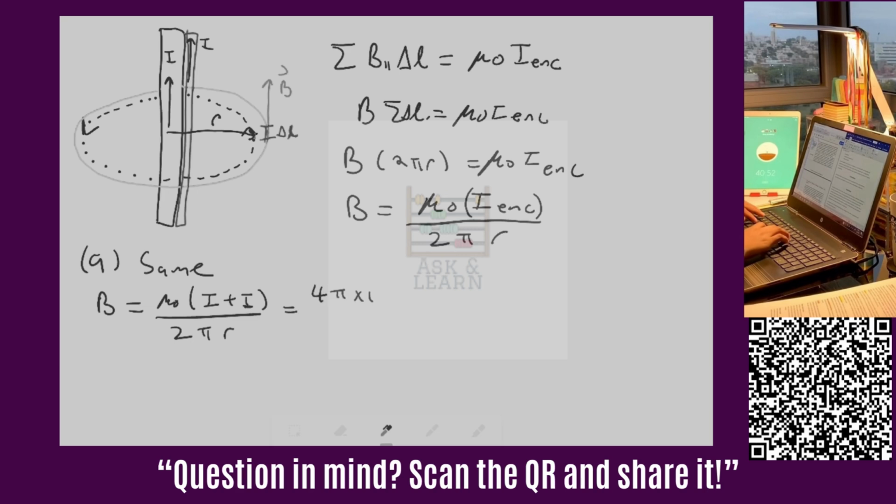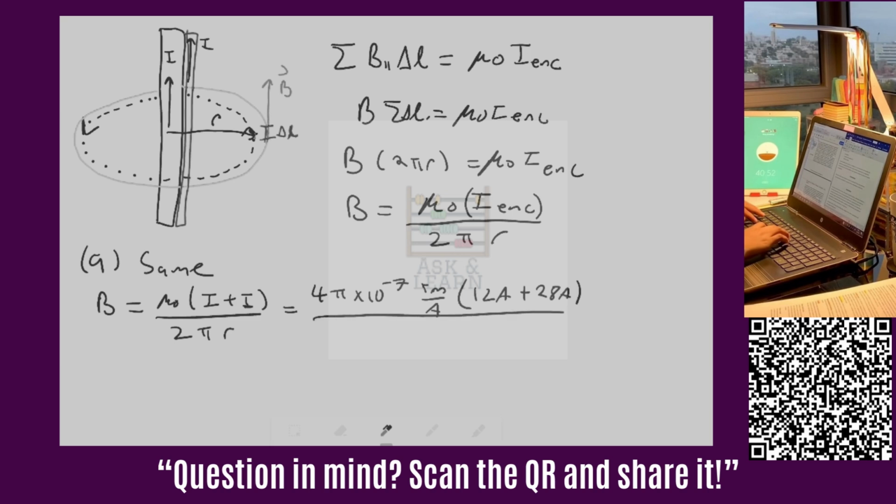So mu naught is 4 pi times 10 to the negative 7 Tesla meter per amp. We're going to plug in the summation of both of the currents. The initial current in wire 1 was 12 amps. And then the current in the second wire was 28 amps. So we plug that in.